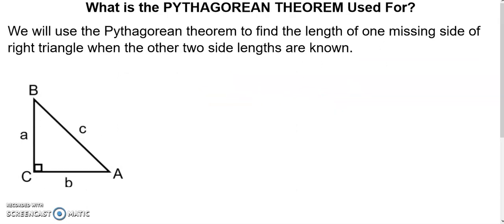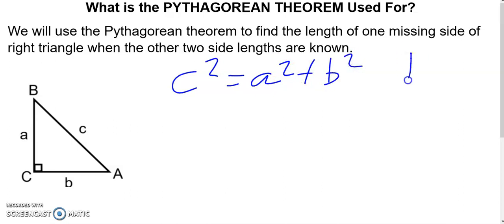So what are we going to use the Pythagorean theorem for? We're going to use it to find the length of one missing side of a right triangle when the other two sides are known. So if we know A and B, we can find C because we know C squared equals A squared plus B squared.